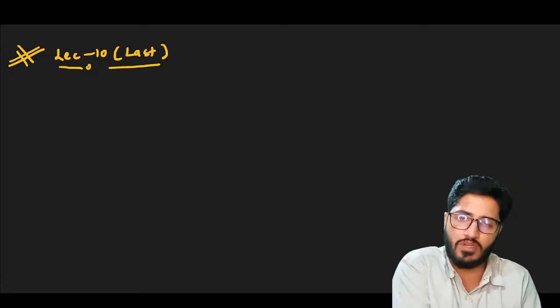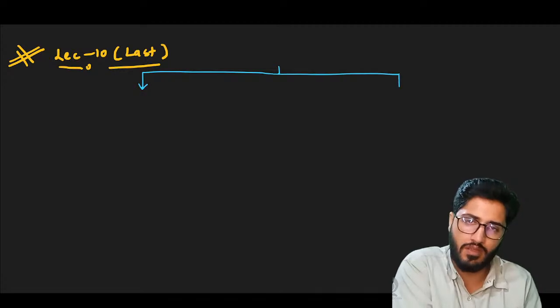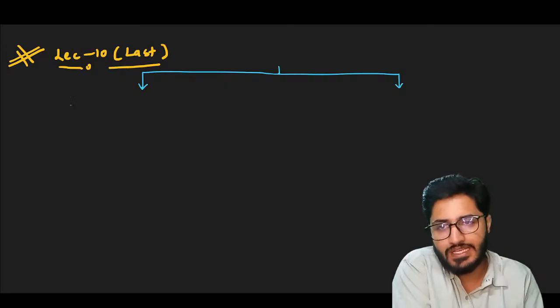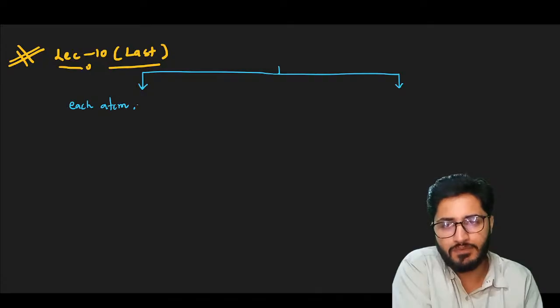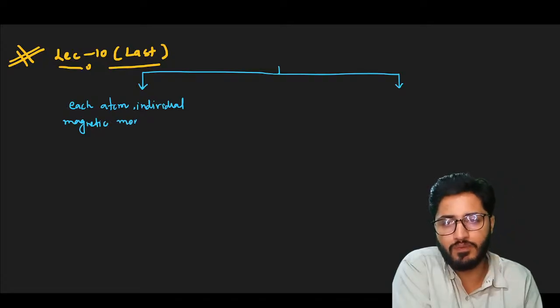We are having two types of materials. One material is one in which each atom's individual magnetic moment is zero.